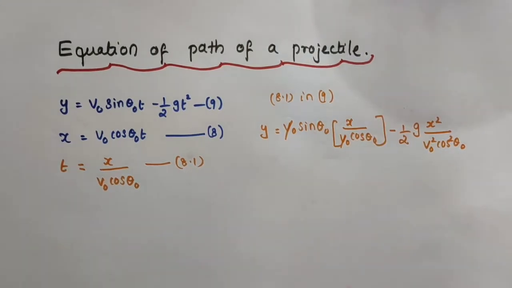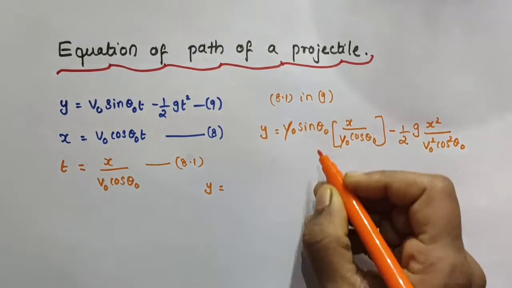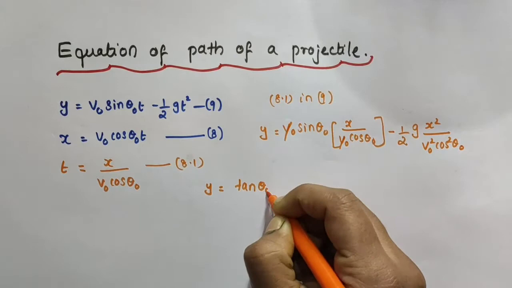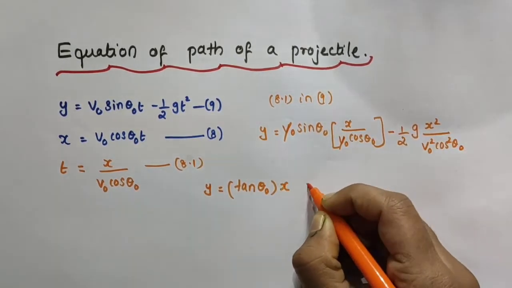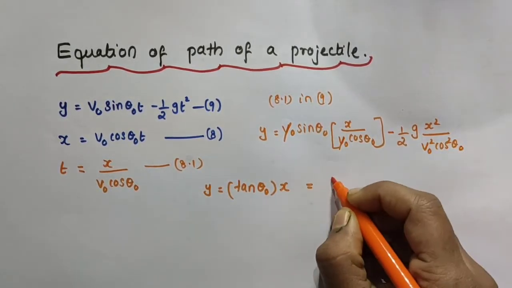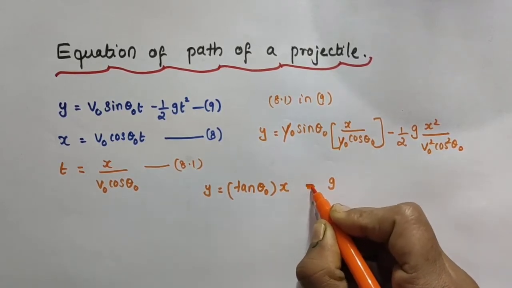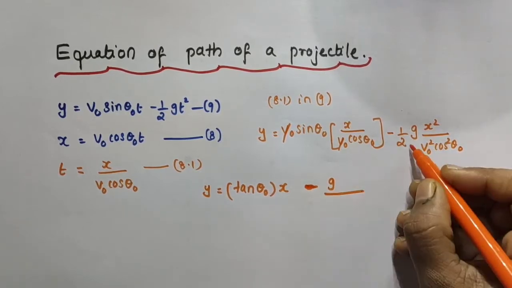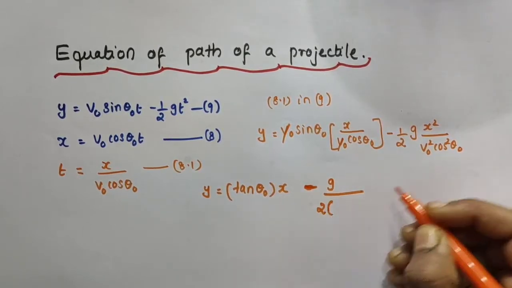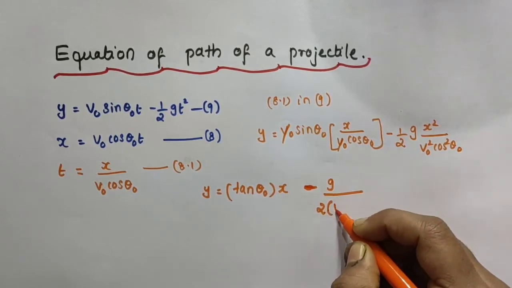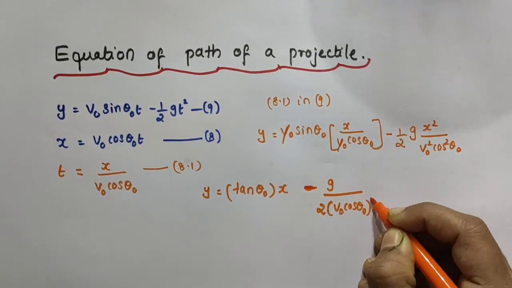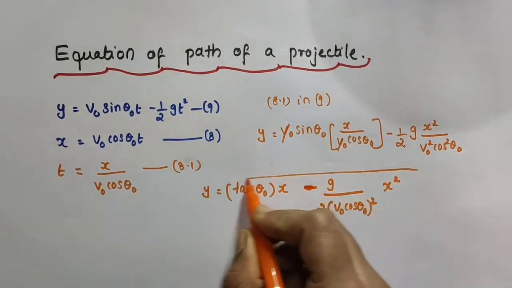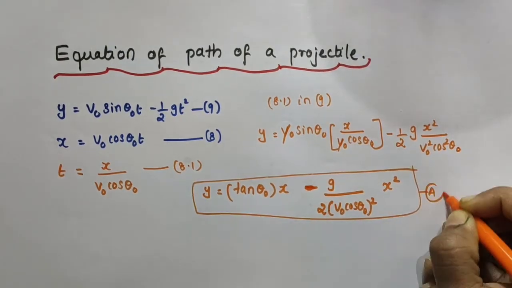So sin theta 0 divided by cos theta 0 becomes tan theta 0, so tan theta 0 into x, minus g divided by 2 into v0 square cos square theta 0, which can be written as v0 cos theta 0 the whole square, into x square. I am taking this as equation A.